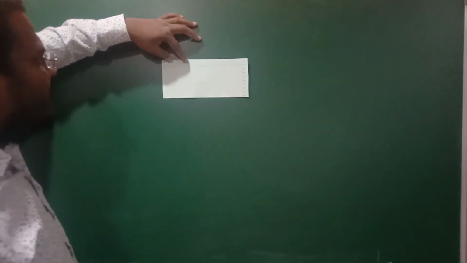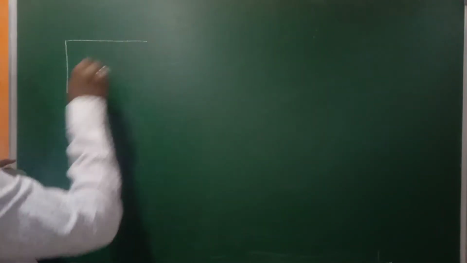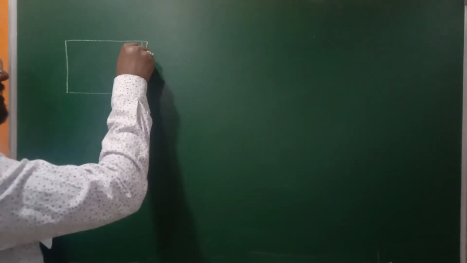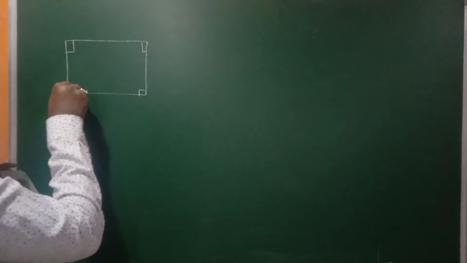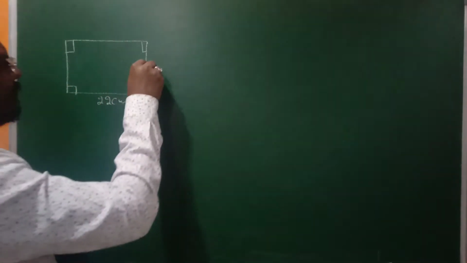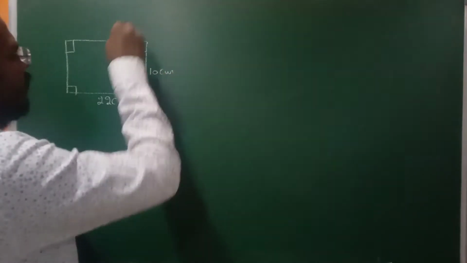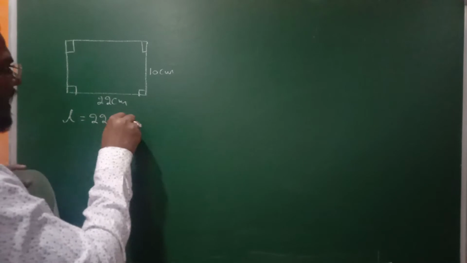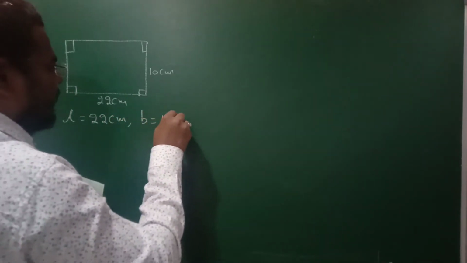So first of all, I have taken a rectangular graph in which the length is 22 centimeters and the breadth is 10 centimeters. I'm writing here L is equal to 22 centimeters as well as B is equal to 10 centimeters.